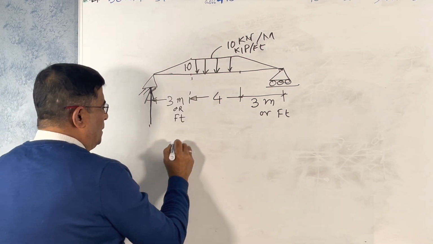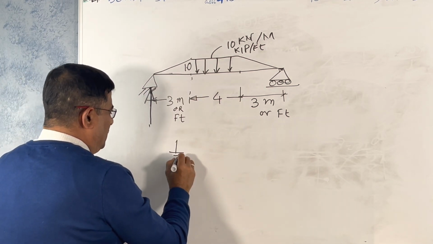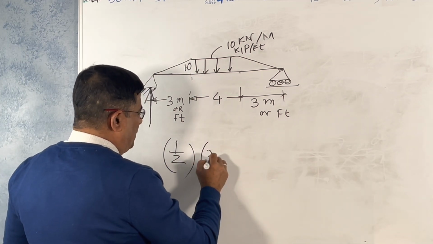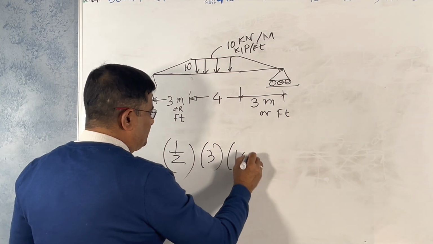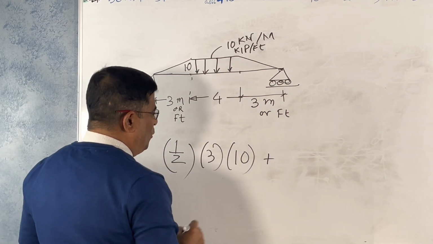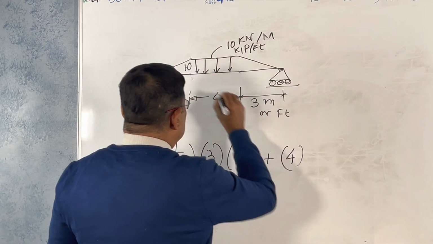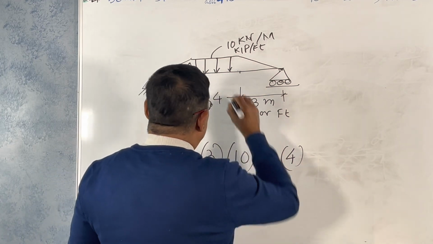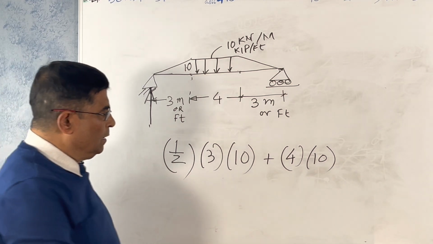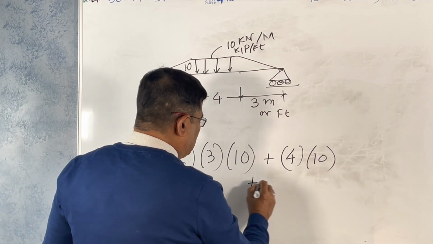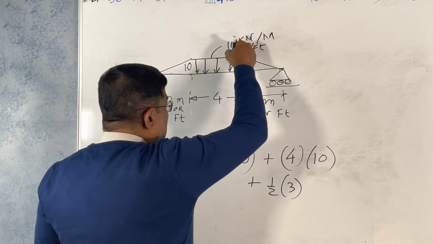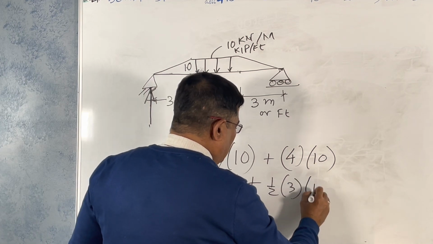This part is half, base is 3, altitude is 10, plus from here to here it is 4, load intensity is the same, 4 times 10, plus again this part is half, distance is 3, intensity at this point is maximum, altitude is 10.